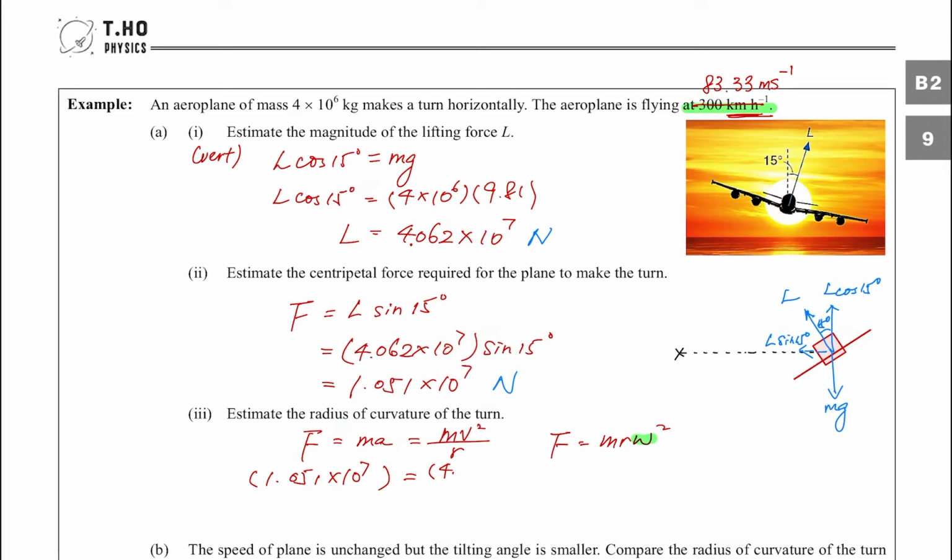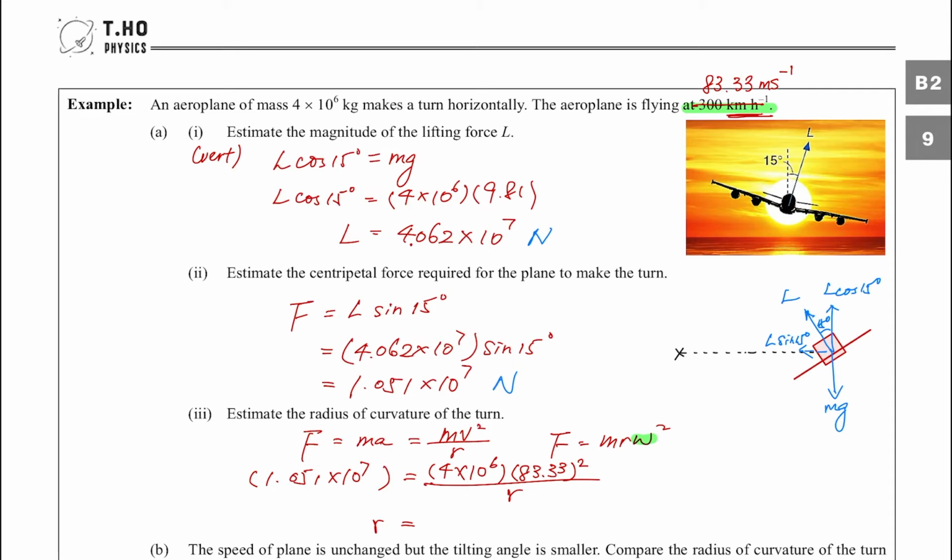Mass is equal to 4.0 times 10 to the power 6. v is 83.3 squared, and we are going to solve for r.